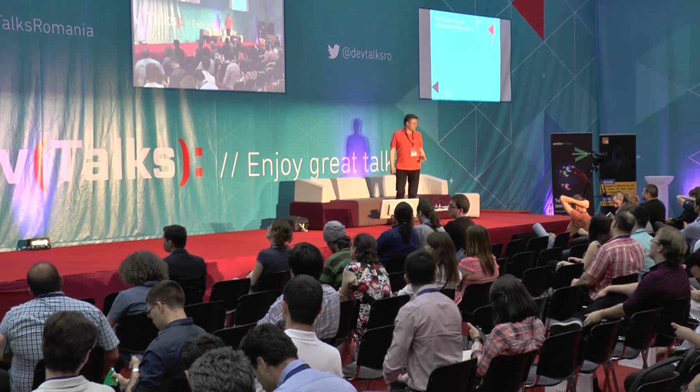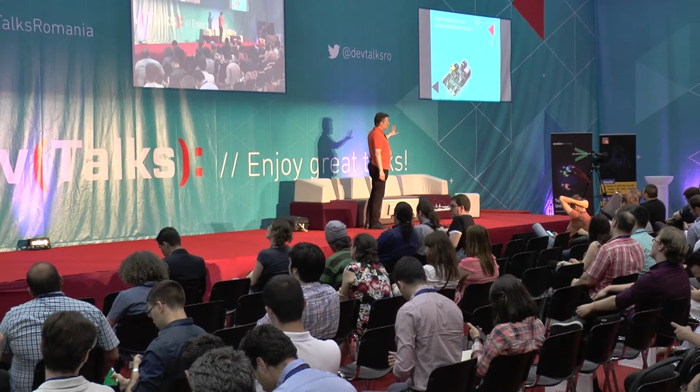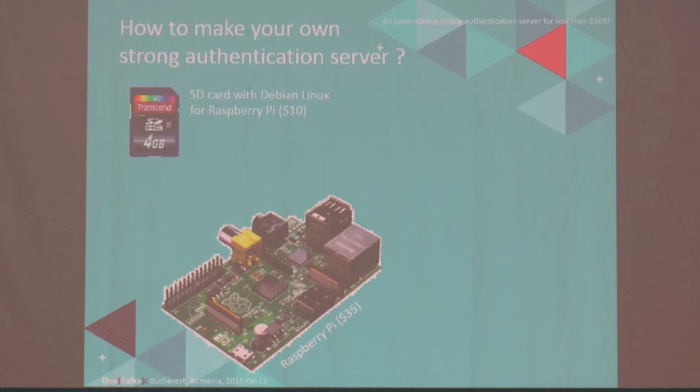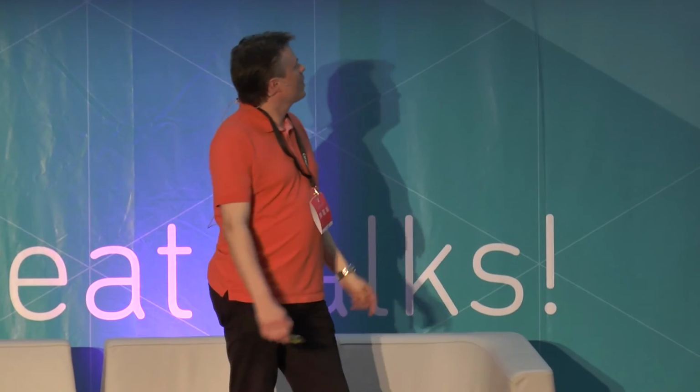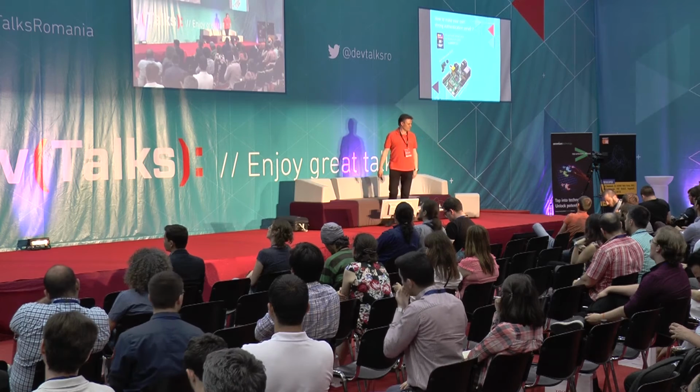And how to make this strong authentication server? So we take the Raspberry Pi, the SD card with the OS on it. We add multiOTP on it. You put in a real-time clock, so it's $10 or $15, because as it's time-based, you don't have a real-time clock in your Raspberry Pi. So the first time you try, you always start at 1/1/1970, which is not quite fun for your tokens.